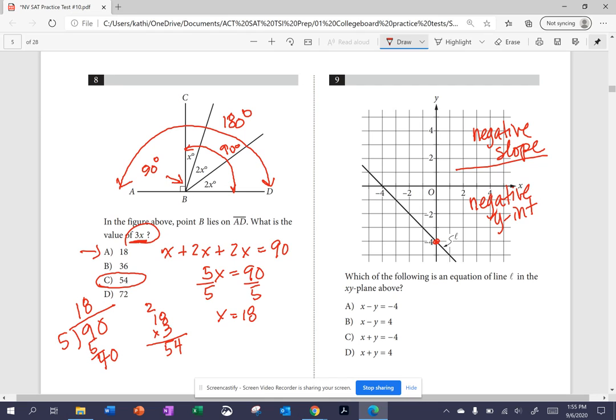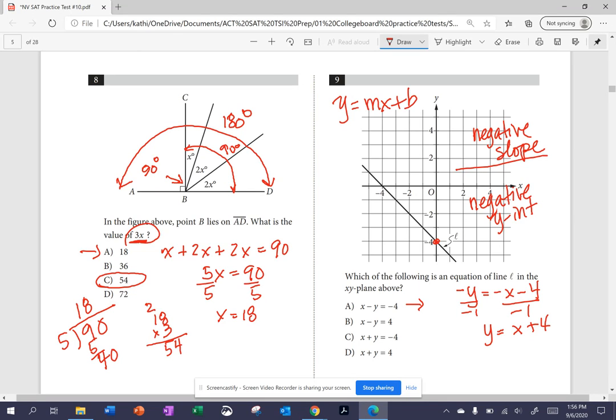Okay, so I don't see the equation in slope-intercept form. So I'm going to solve one of these equations for y. So I'm going to just look at this first one here. So if I'm solving for y, this is negative y equals negative x minus 4. Dividing by negative 1, I get y equals x plus 4.